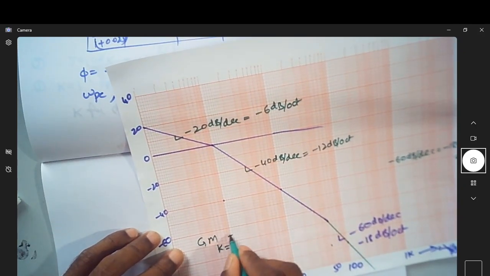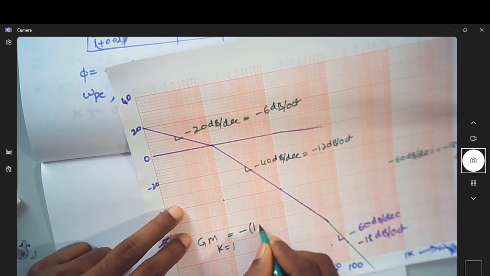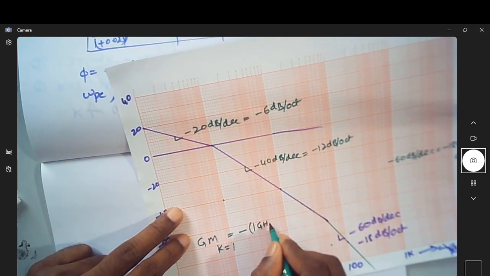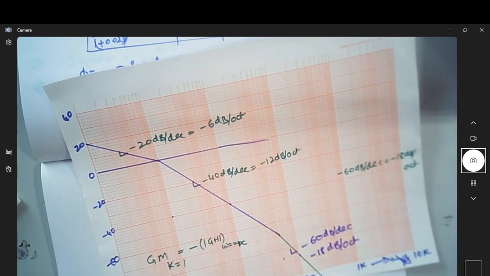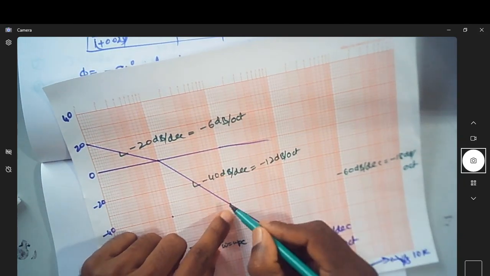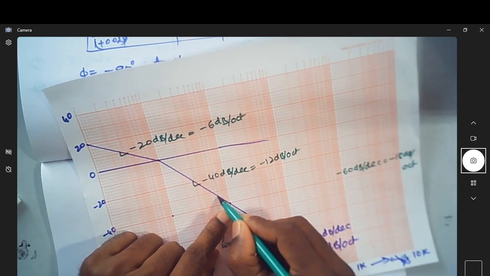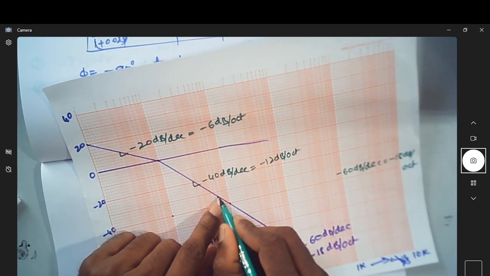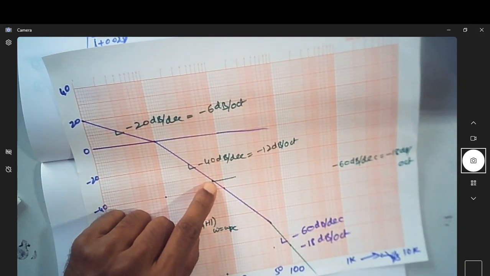We know that gain margin is the negative of the magnitude of G(s)H(s) with omega equal to omega pc. Since omega pc is 7, now you can see this is 9, 8, 7. So this is 7. See, this is 7 radian per second.